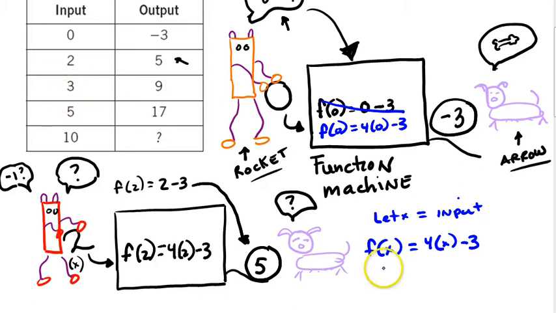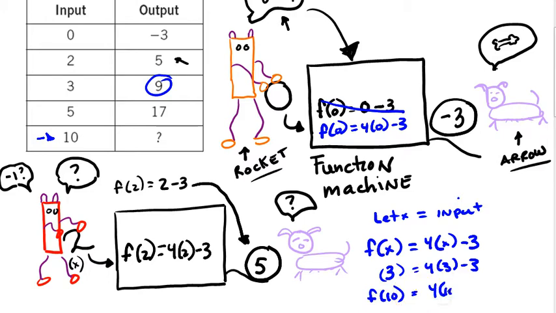So let's test it with the next number. If I put a 3, the function equals 4 times 3 minus 3, I get 12 minus 3, or 9. So, yep, that works. Now if you look at the last entry in our table here, it's a 10. So Rocket should be able to put a 10 in his function machine.